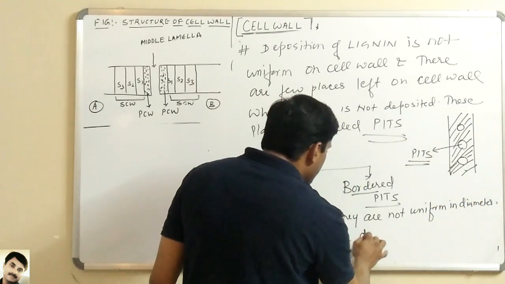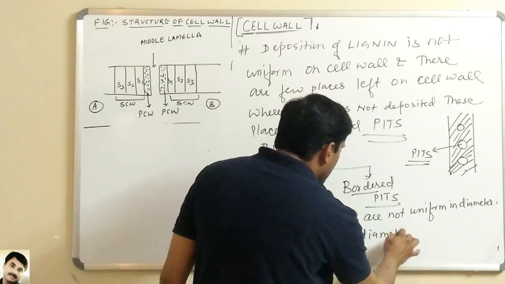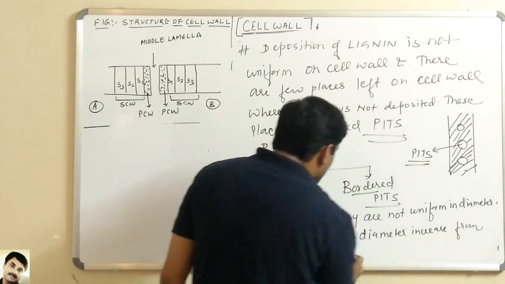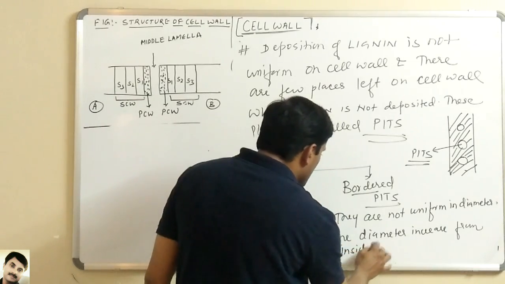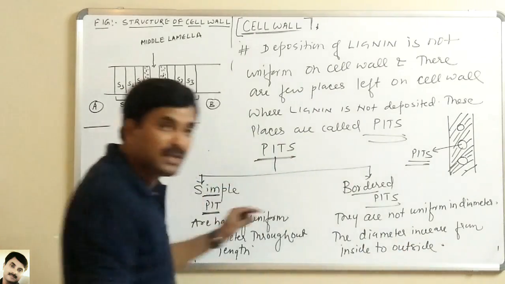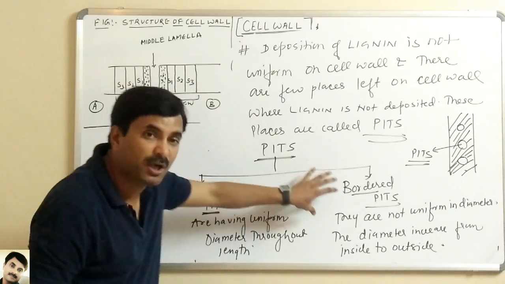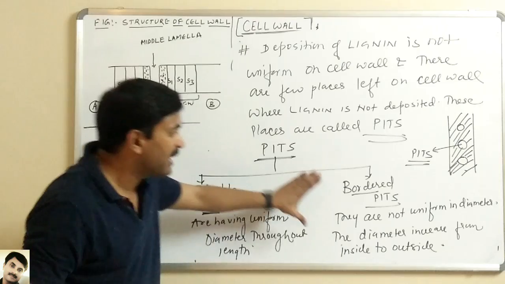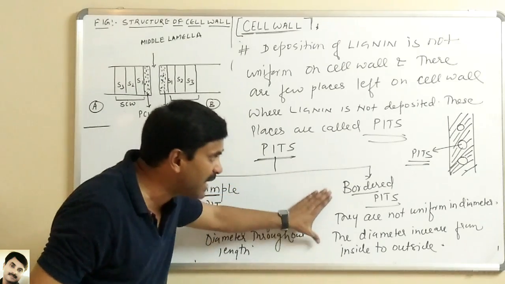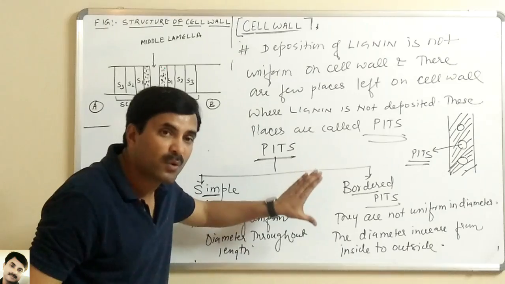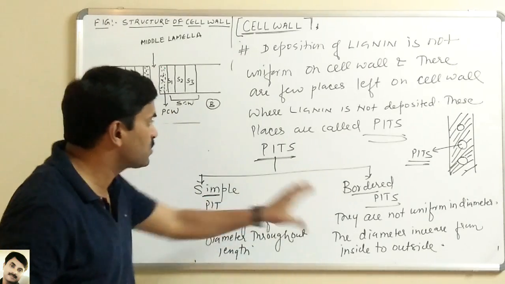The diameter increases from inside to outside. Are you getting? The chief difference between the simple pit and the bordered pit is that simple pits have the same diameter throughout the length, and bordered pits do not have the same diameter throughout the length. The diameter increases from inside to outside.